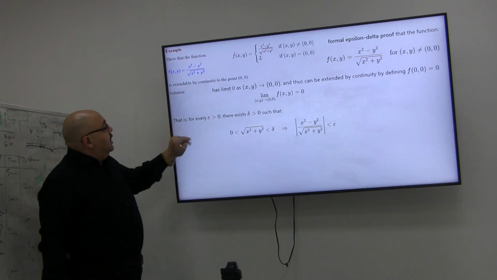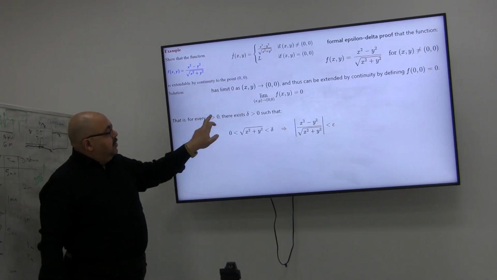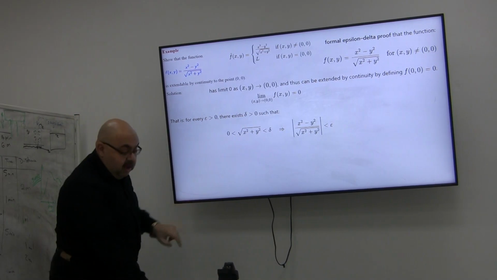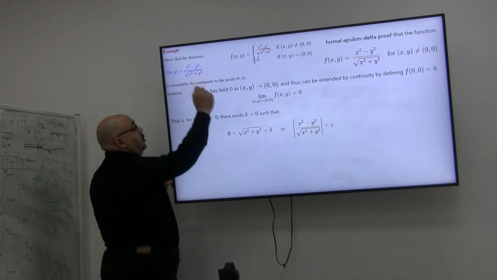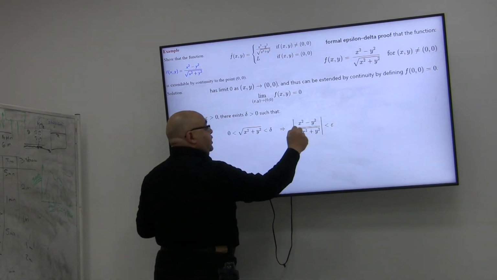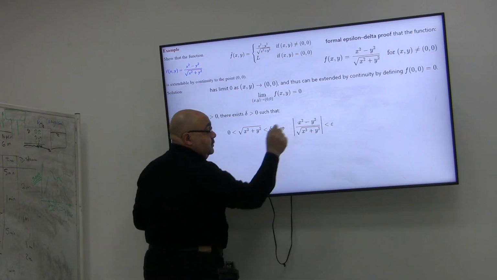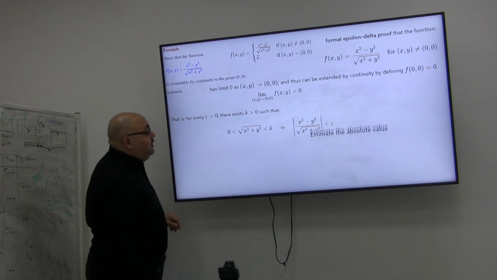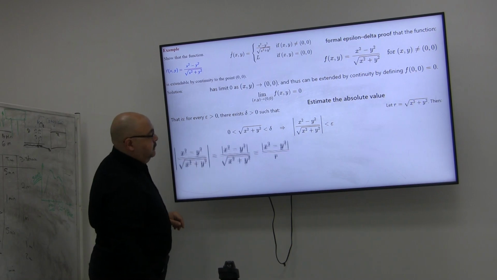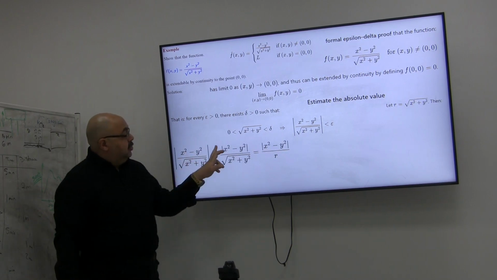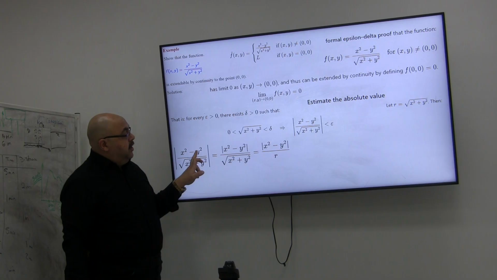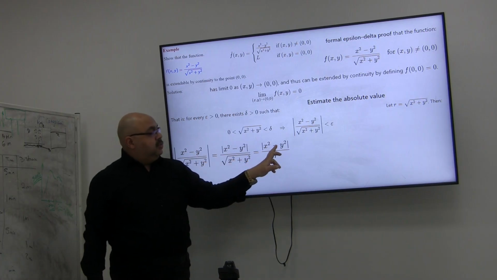I will say for every epsilon greater than 0, there exists delta greater than 0. I will start from this part, which is x squared minus y squared divided by root of x squared plus y squared. Of course, this part can be rewritten as the following. Instead of having x squared minus y squared, I can make it the absolute value of x squared minus y squared.